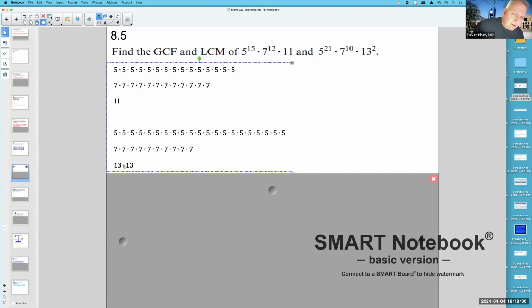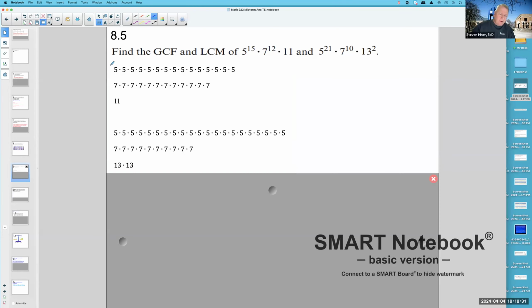So when I'm looking for the GCF, I need to find the factors that don't occur in both and throw them out. I have 15 5s in the top and 21 in the bottom. The smaller number of those are the ones that are in common. I have 15 5s up here, and I have at least 15 here. I happen to have 6 extras, but they're not common.